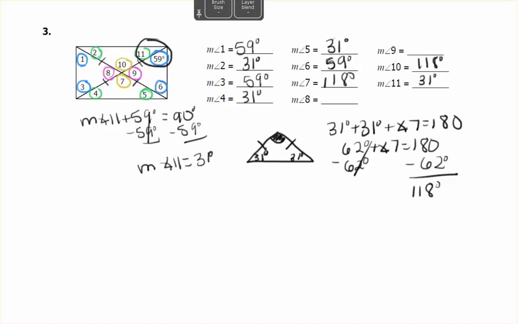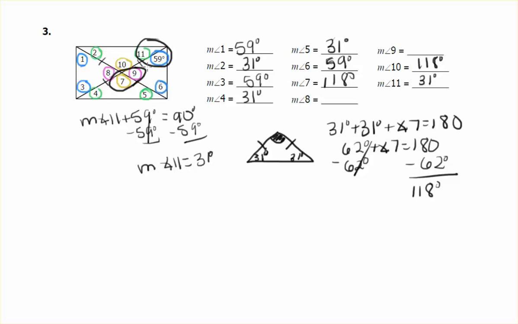You could get angles 8 and 9 in the same way. You could look at your triangles on the left and right, add those two congruent angles together, and subtract it from 180. Or if you look at, say, 7 and 9, those two angles are supplementary to each other. Remember, supplementary angles are two angles that add up to 180.